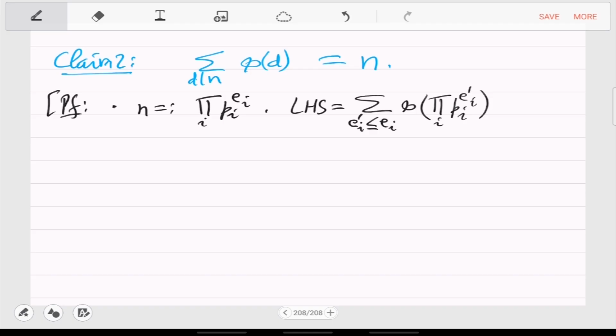So that's e_i prime. And now what do you do? Now you swap sigma with pi, sum with product. That's the trick you were supposed to learn in the quiz. So you can write it like this.